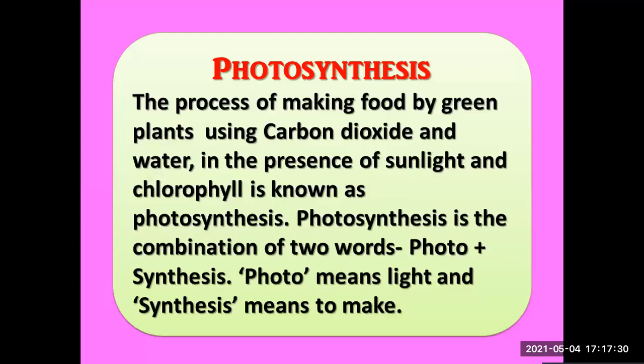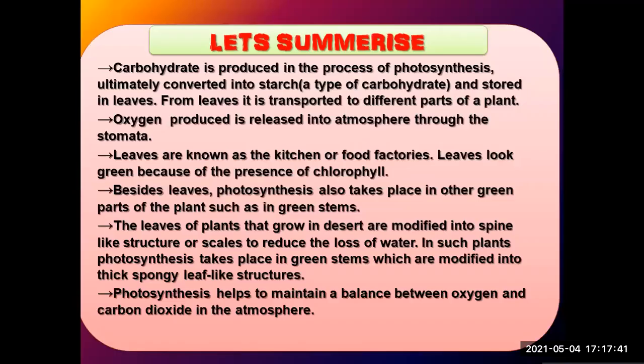So here is the definition of photosynthesis. I want you people to take a screenshot or pause the video and write it down. Summarize. Carbohydrate is produced during photosynthesis. Along with carbohydrate, oxygen is produced.